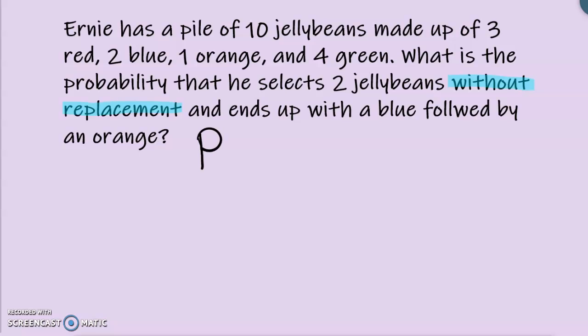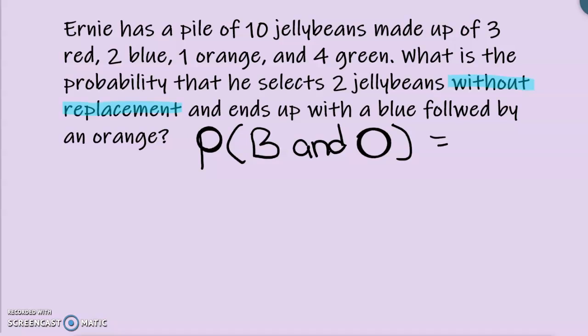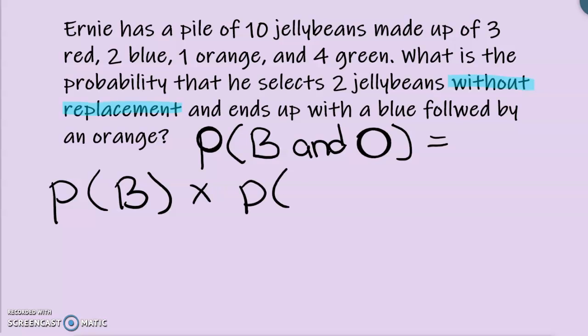So we're looking for the probability of getting a blue and an orange, and we're not replacing the jelly beans as we pull them out. So that is going to be equal to the probability of getting a blue times the probability of getting an orange, given that we got a blue first.